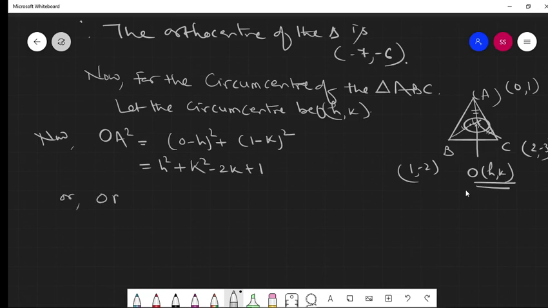Or we can find OB square. OB square is 1 minus h whole square plus minus 2 minus k whole square. From this also we get h square plus k square minus 2h plus 4k plus 5.